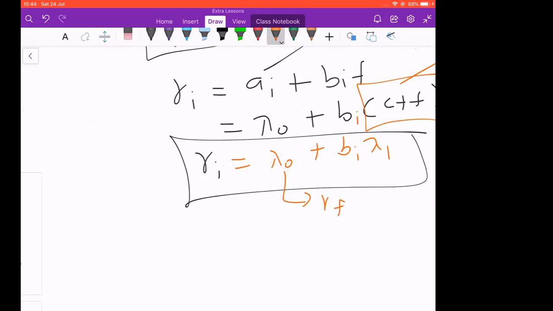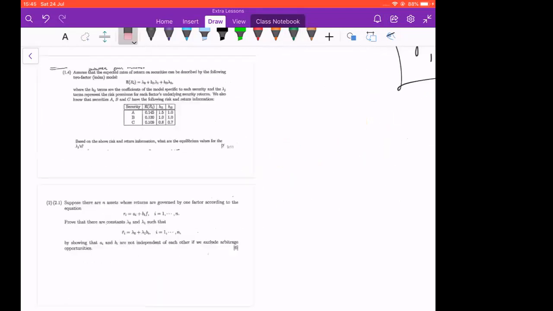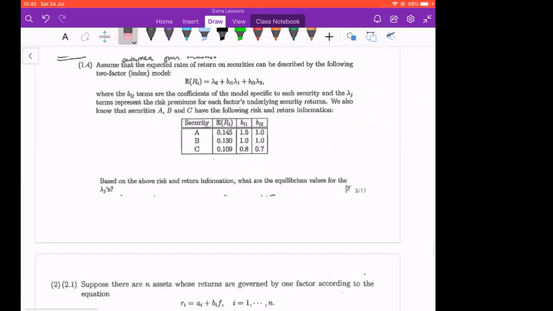You should always keep in mind that your lambda 0 should be a risk-free rate. It's not always gonna be equal to the risk-free rate, and if it's not equal to the risk-free rate, then you know that there is an arbitrage opportunity, right? So we can try these few examples so that we can learn a little bit.